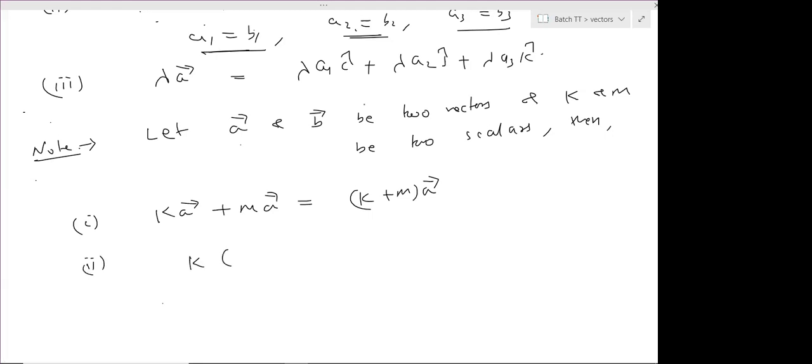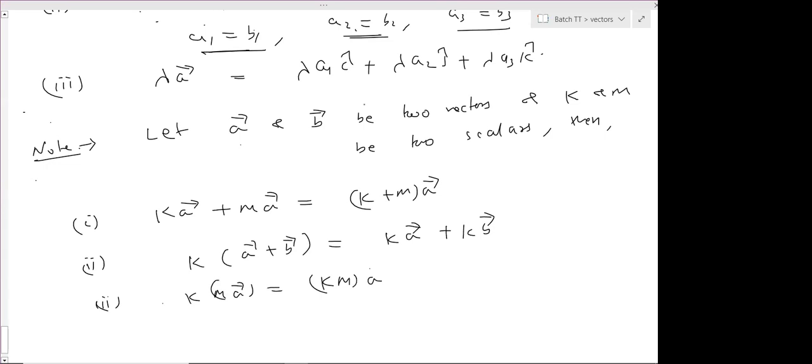If they have given A vector plus B vector, then you can break it down as k A vector plus k B vector. If two scalars are multiplied, then you can multiply them, then multiply with A. All right, very simple. Note it down. Tell me when you're done.